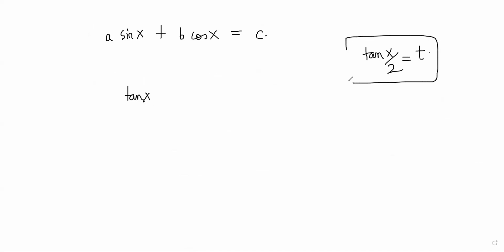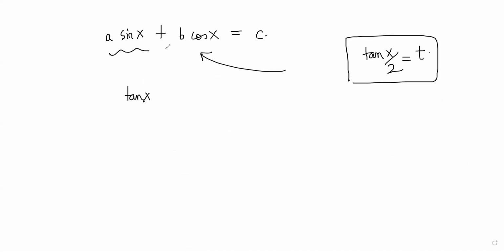If you have a linear function a sin x plus b cos x is equal to c, finding tan x from here, the best way to do it is by taking tan x by 2 as t. Is everyone following what we have done?